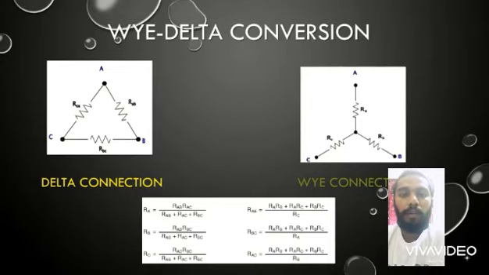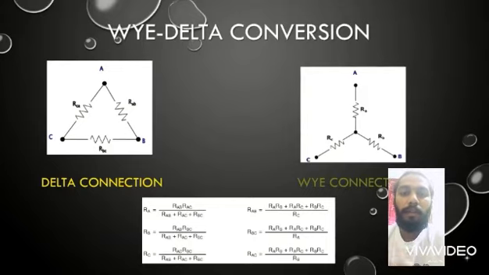On my right hand side we can see the Y connection to delta connection. The formula for RAB is RA times RB plus RA times RC plus RB times RC over RC.